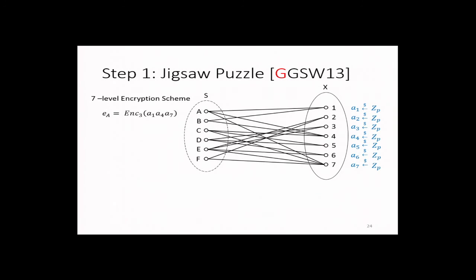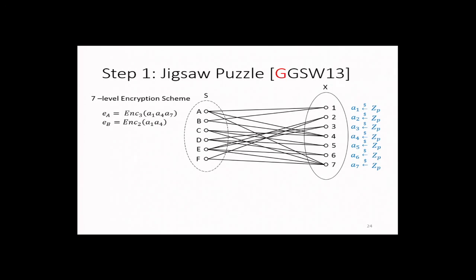So corresponding to each vertex in the set S, I'm going to generate one ciphertext. For example, if I look at the vertex A, it is connected with vertex 1, 4, and 7. I'm going to collect the random numbers corresponding to these three vertices, which are A1, A4, A7, multiply them, and encrypt the value at the third level, where 3 represents the degree of this vertex.